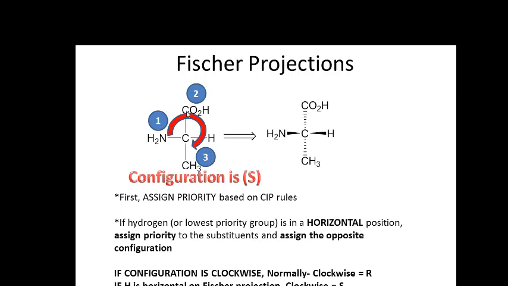So if hydrogen is on a horizontal line, then the configuration is the opposite of what you see. So this is 1, 2, 3. Normally that will be R, but because hydrogen is on the horizontal line, the configuration is actually S. All right. You only do this for Fischer projections. This does not apply to other depictions of chiral centers, but only for a Fischer projection, and only if hydrogen is on a horizontal line.